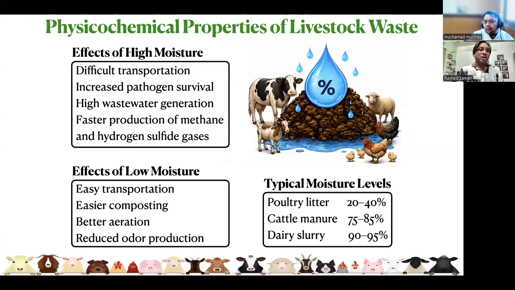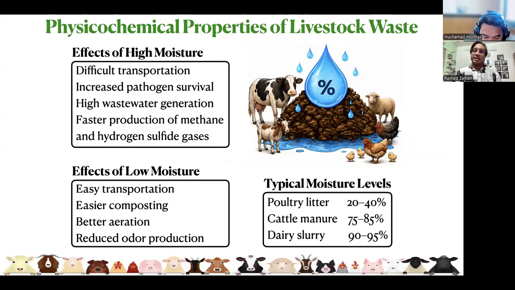It also usually reduces odor production, because the bad smelling gases are not produced. They are only produced in anaerobic conditions, but in aerobic conditions, no bad odor gases are produced. Then we will see the typical moisture levels.